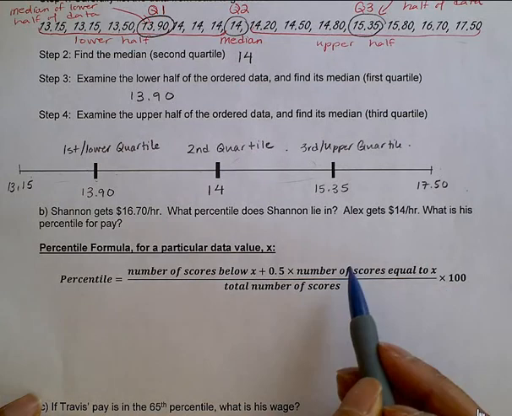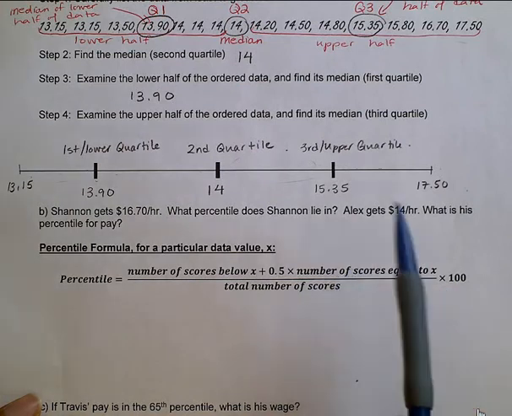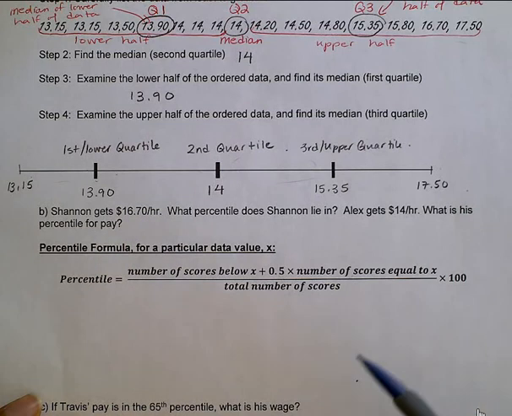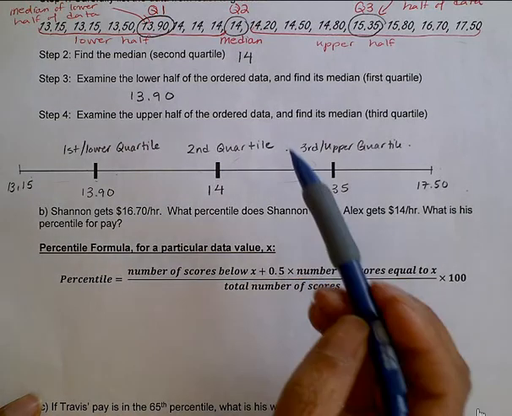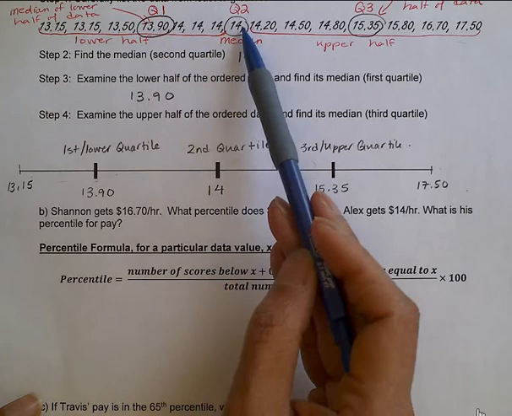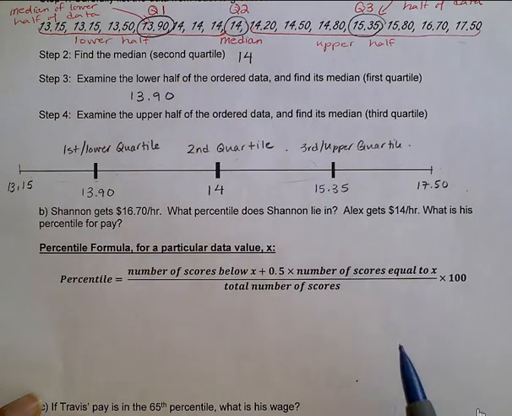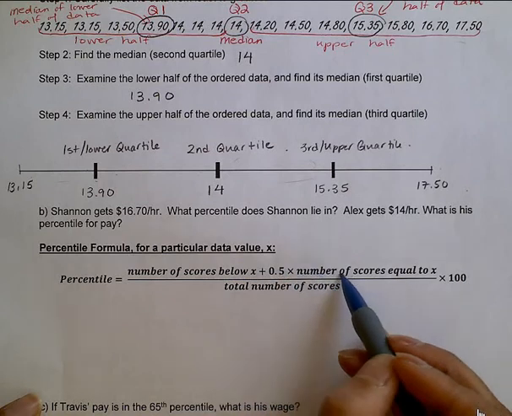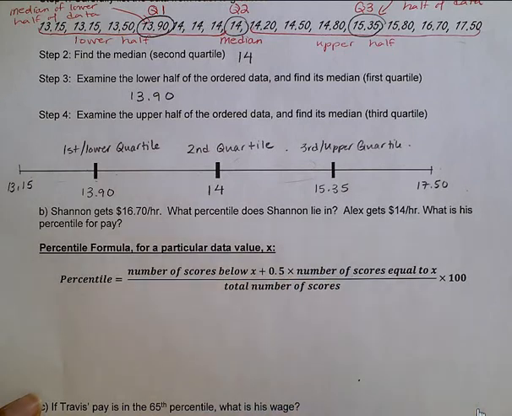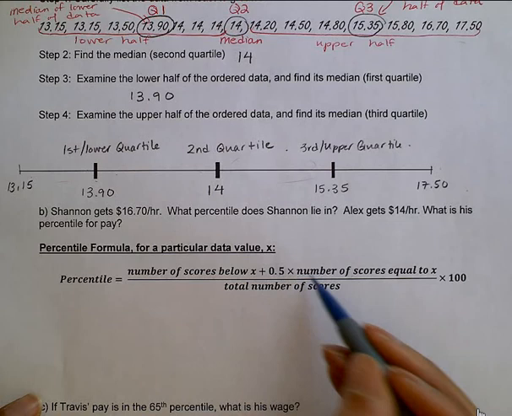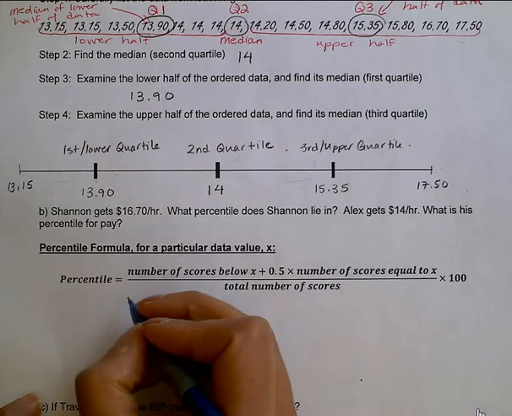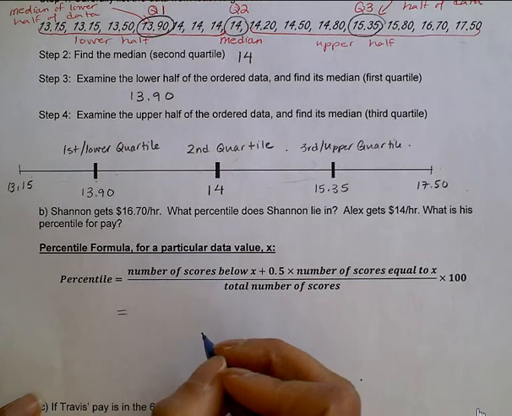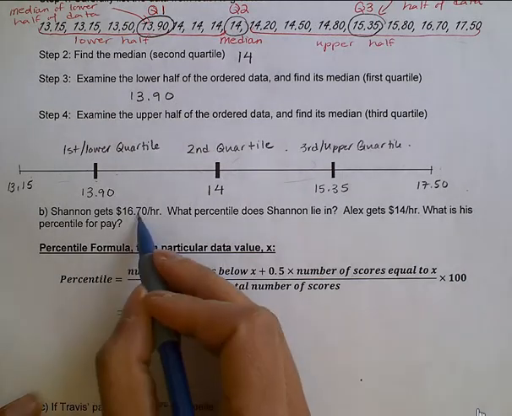Now, if let's say Shannon got paid $14 instead of the $16.70, for this part of the formula here, there's 4 values of exactly $14. So in this part of the formula, I would do 0.5 times 4. Okay, that's why, because sometimes we have these duplicated score values. Okay, so for Shannon's data, the number of scores below her $16.70, we're going to count it out.